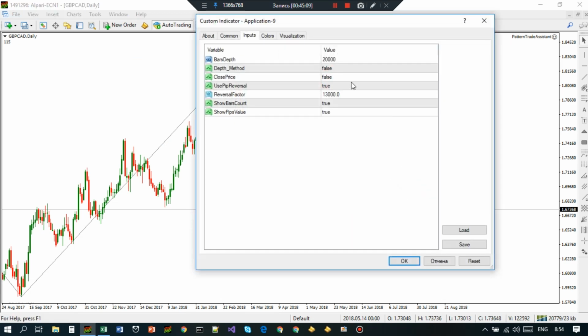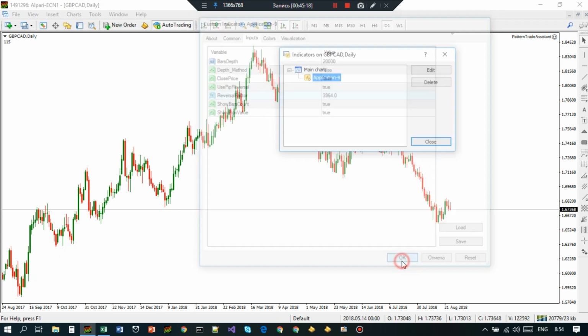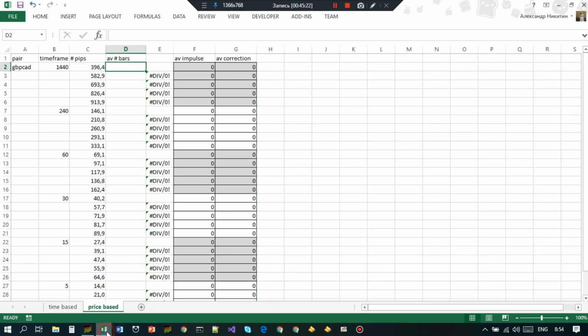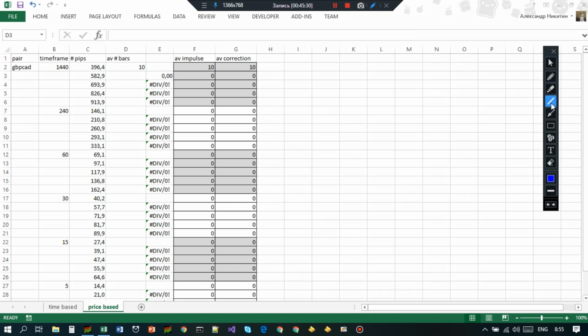So let's examine this. What if we use every turn as 396.4 as a turning algorithm, and it will take us 10 bars. It says that the average swing will be 10 bars. Okay, so now you understand that. So if you have a correction, so you had an impulse and now you have a correction, and you know that the correction should be 396.